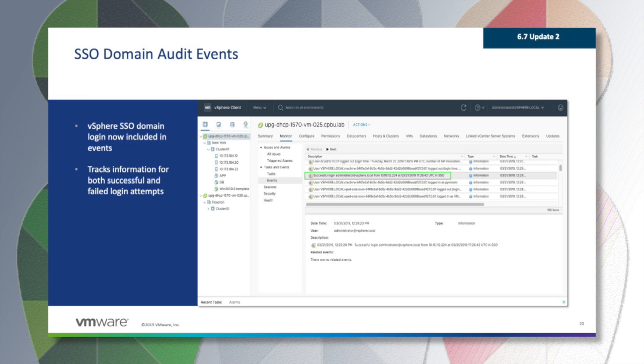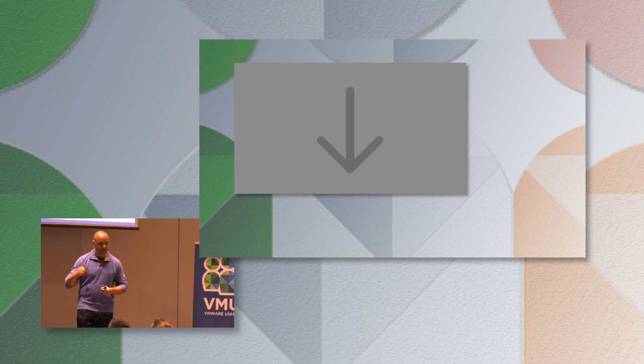Also, the other thing that we've improved on is auditing. So today, when you try to log into the vSphere client, it just gives you a message when you fat finger your password, right? It just says, wrong password. Now, when you do it, we'll actually start to log those logins. If you log in successfully, we'll log it.